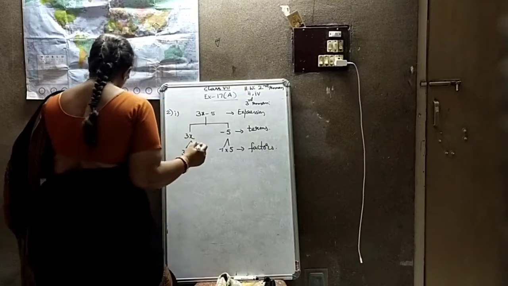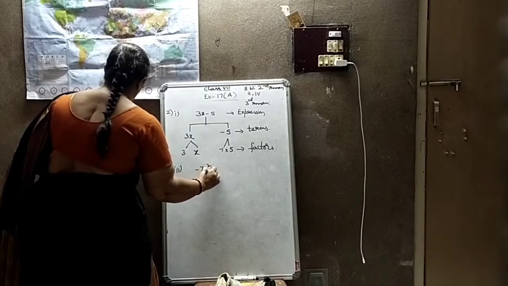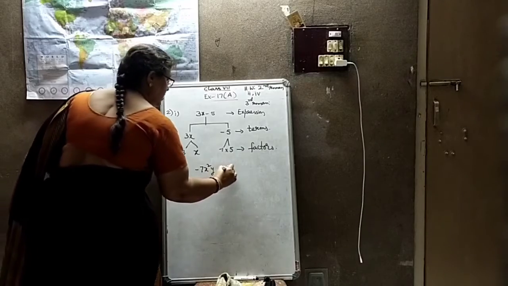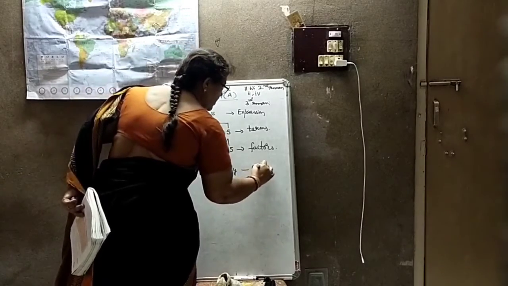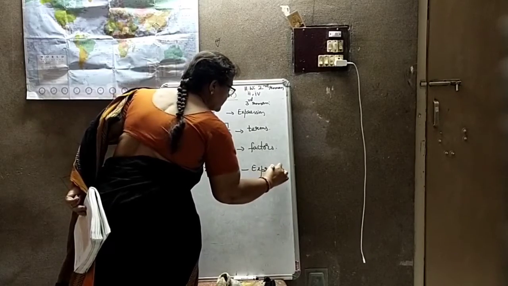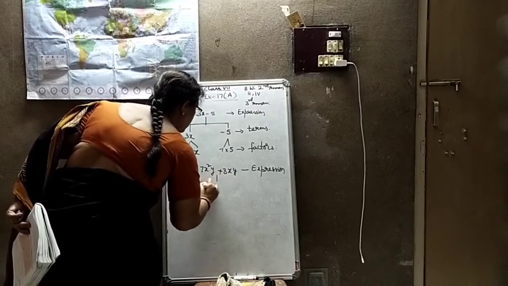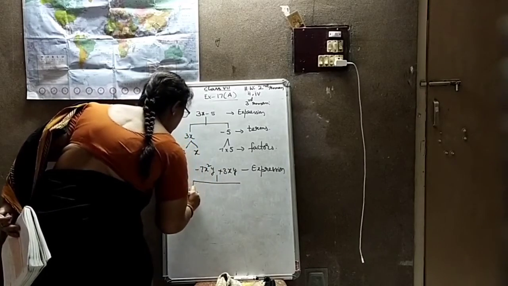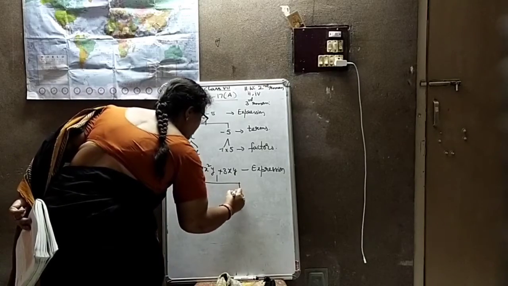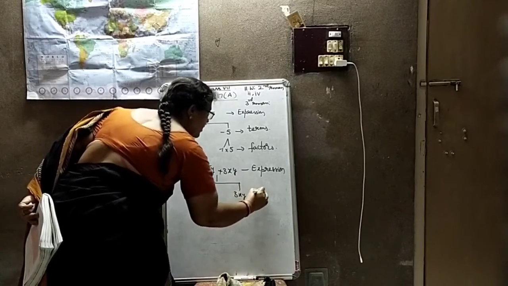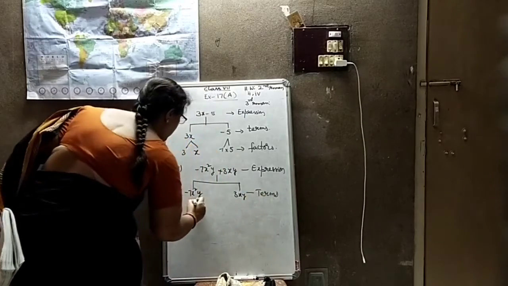7x square minus 7xy plus 3xy. Expression, terms.